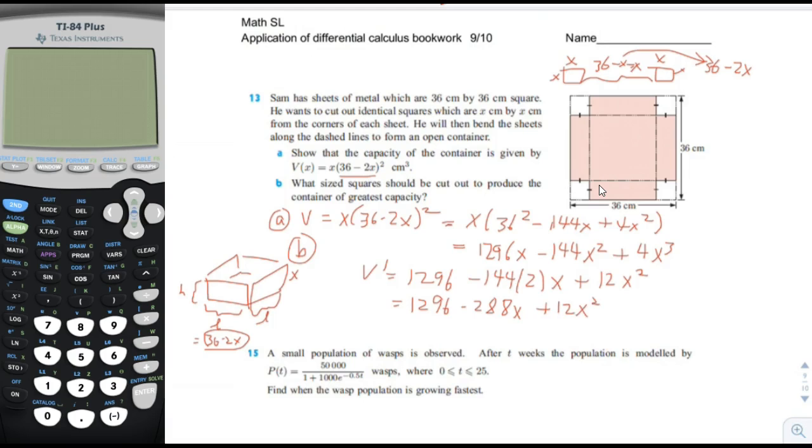And okay, so now we're figuring out when does this equal 0. We can use poly-SMLT.